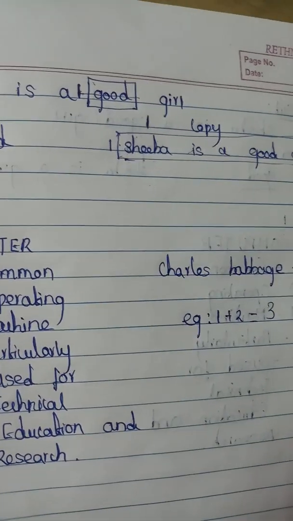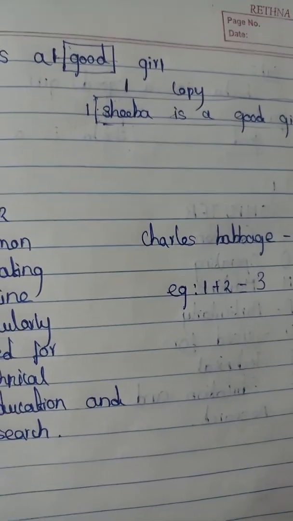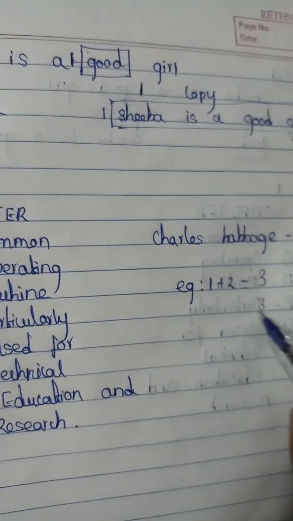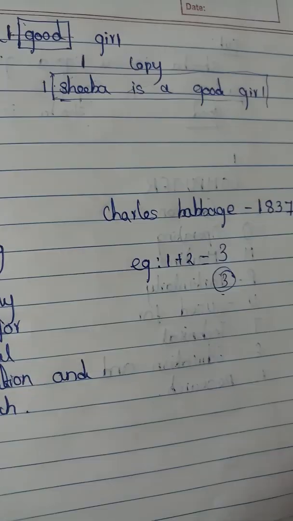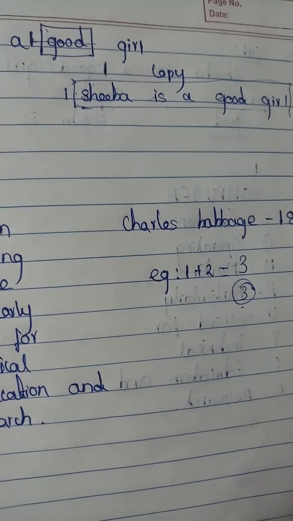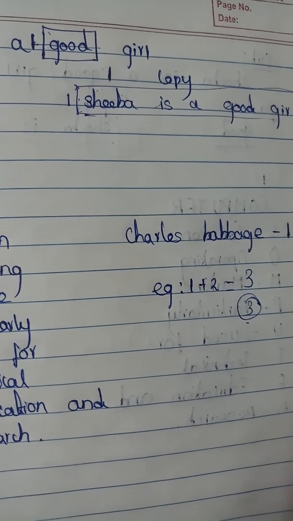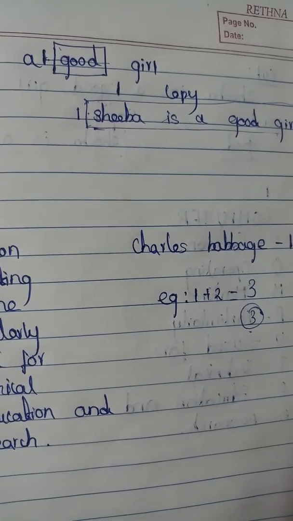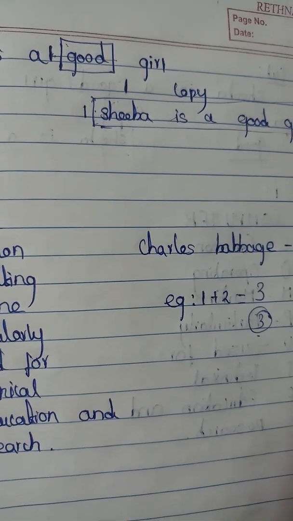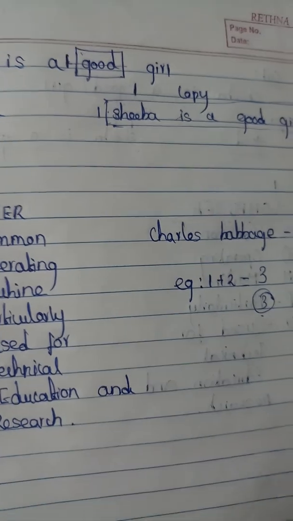The same process happens in the CPU, because the brain of the computer is the CPU. The CPU will tell that the answer is 3 and it will display the answer on the monitor. It takes the input 1 plus 2 using the keyboard, processes it in the CPU as 3, and displays the output 3 on the monitor.